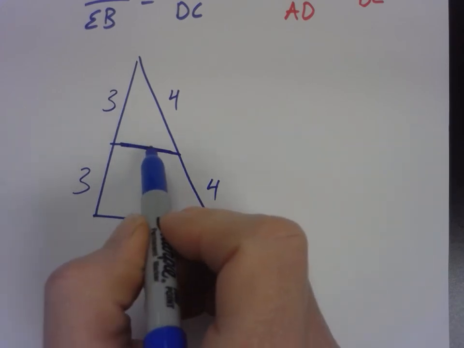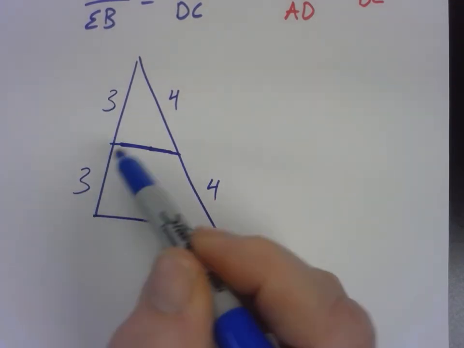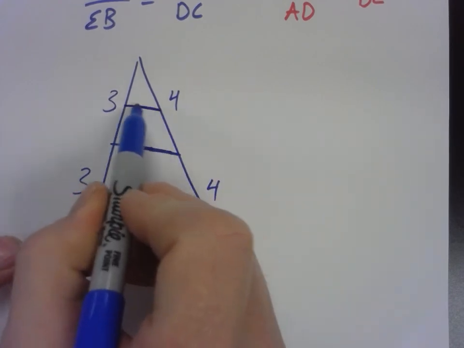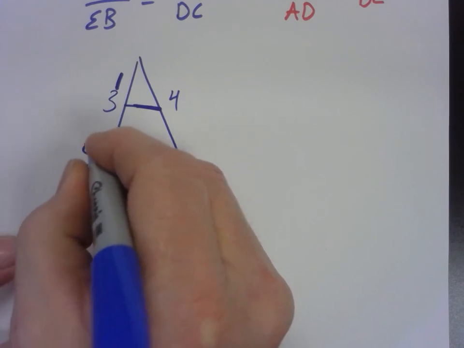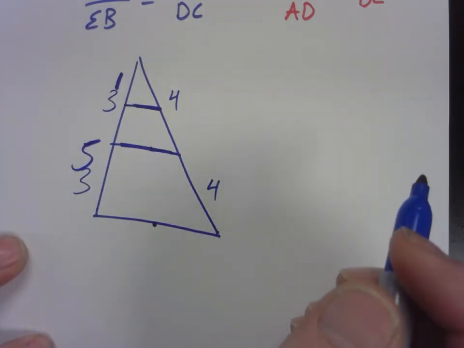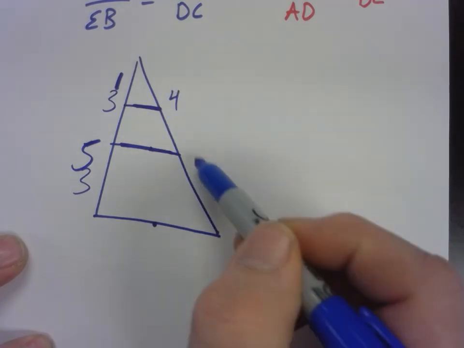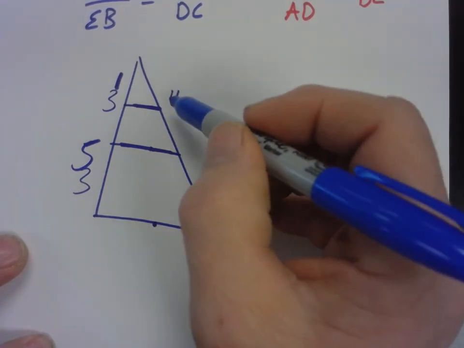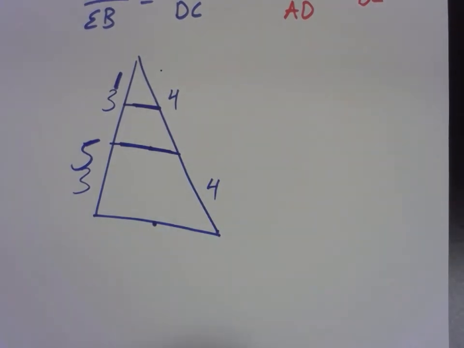What does that tell us about these two lines? They're parallel. And it's not always 3, 3, and 4, and 4. I could have drawn it up here and said this is 1 and 5. I suppose this one, what do we got here? 8?